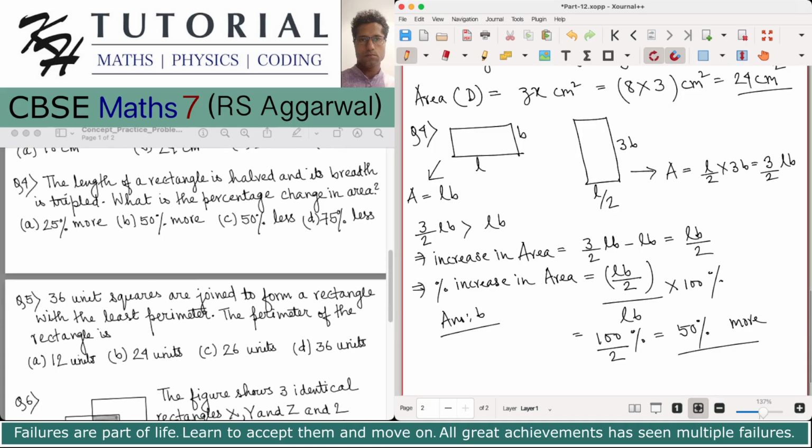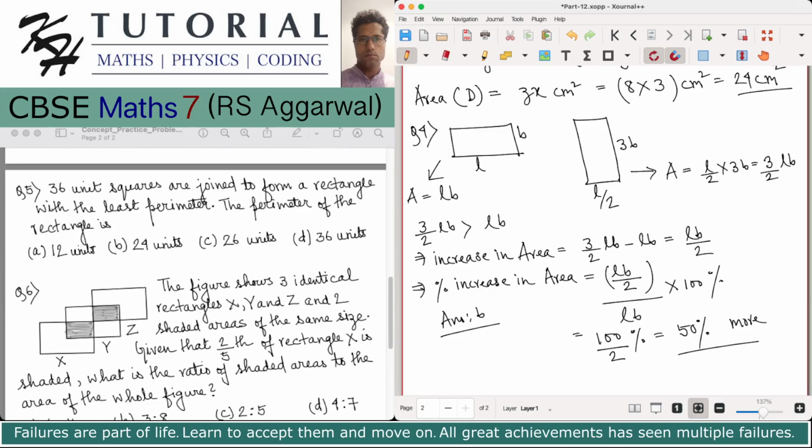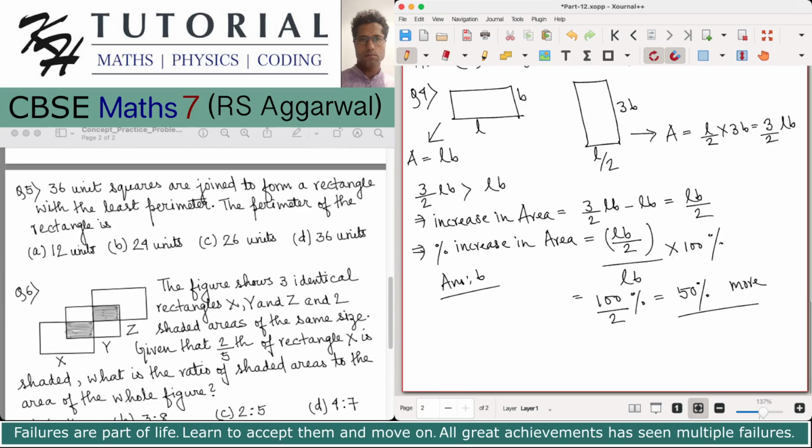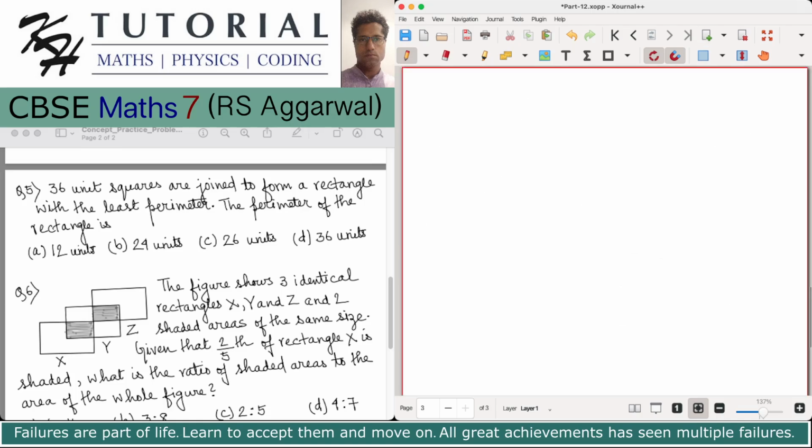Okay, let's do problem number 5. 36 unit squares. Unit squares means squares having an area of 1 square unit. 36 unit squares are joined to form a rectangle with the least perimeter.